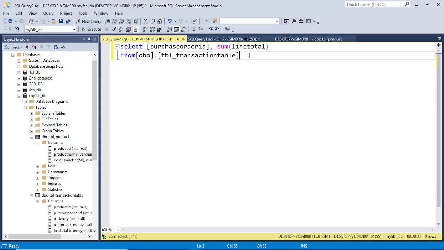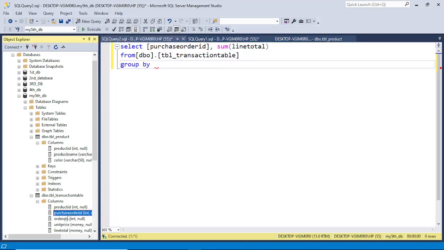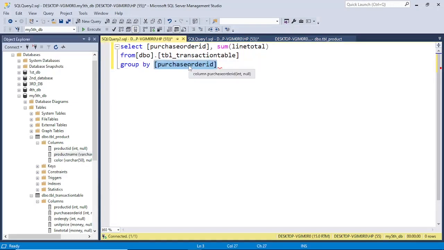Group by, which is ID. So let's execute and see what it gives us.